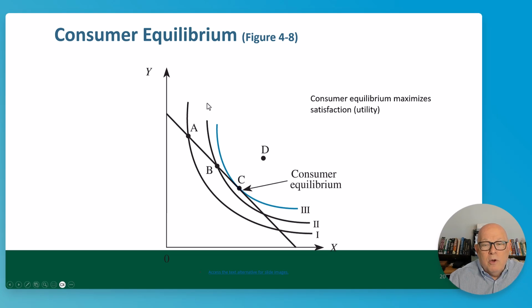So again, remember, consumers have multiple indifference curves. We have 3 indifference curves here, but now we are putting the budget line through those curves, all right? So notice this indifference curve here, indifference curve 1, crosses the budget line at A. So we could afford to buy bundle A, and we would be happy.